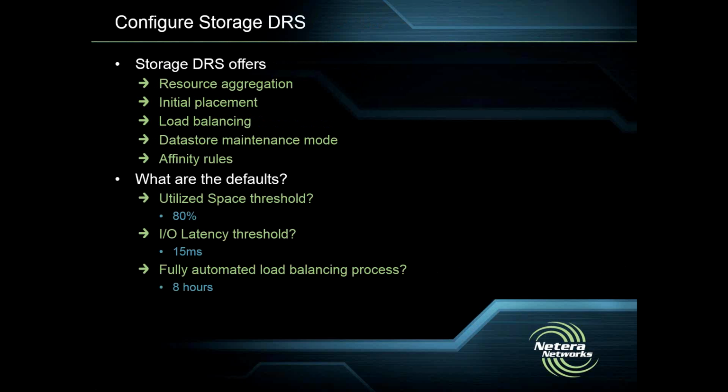They can take a long time, so it has to be a reasonable gain, performance gain or capacity gain, in order for storage DRS to implement those changes. And so the algorithm runs every 8 hours with regard to storage DRS load balancing. Okay, these are all things that you'll need to keep in mind for the test.